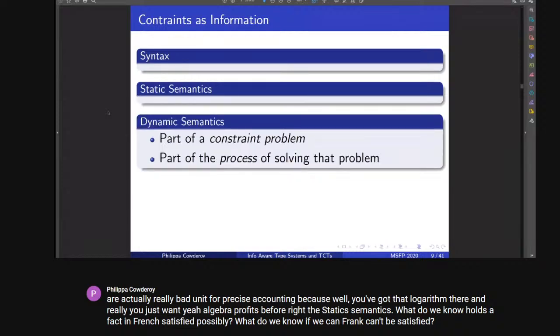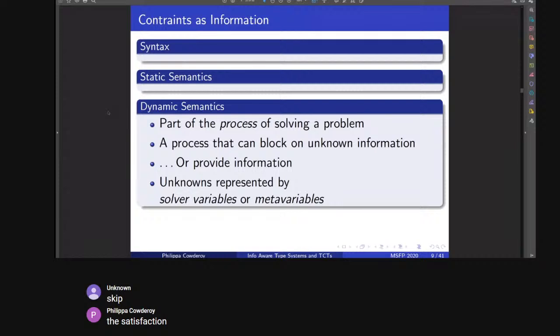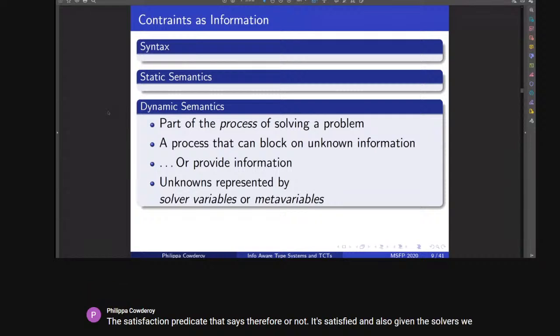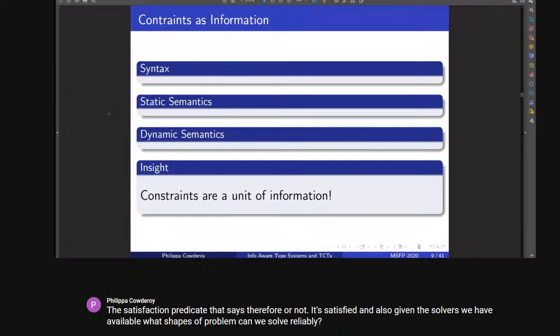A constraint is part of a constraint problem. It's part of the process of solving that problem, which makes it a sub-process that can block on unknown information, or it can provide information. Those unknowns are represented by solver variables or meta-variables. Then the insight for this talk is constraints are kind of a good unit of information.